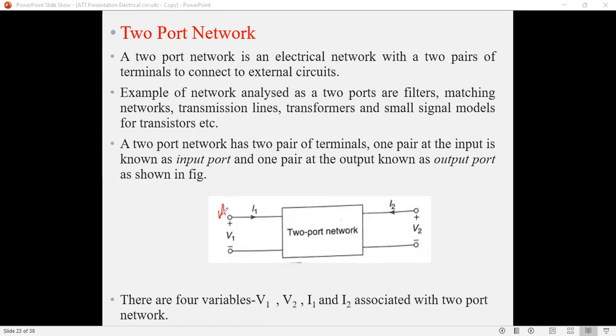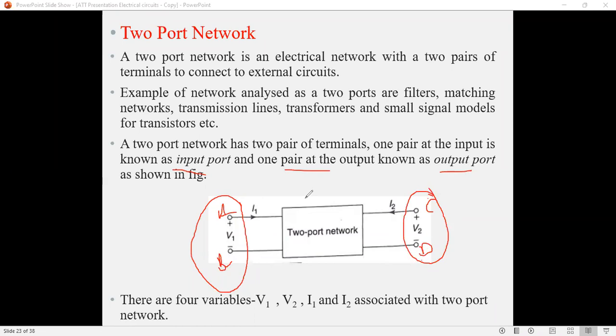Suppose here is terminal A, here terminal B, here terminal C, and here terminal D. This pair of terminals, A and B, is at the input side, so it is called the input port. And one pair, C and D, is at the output side, so it is known as the output port.